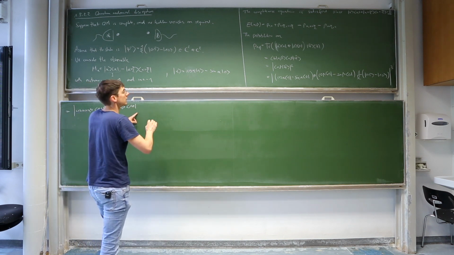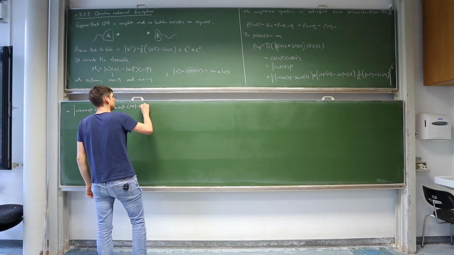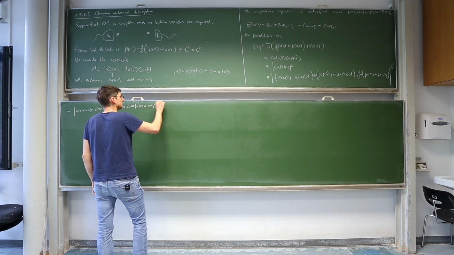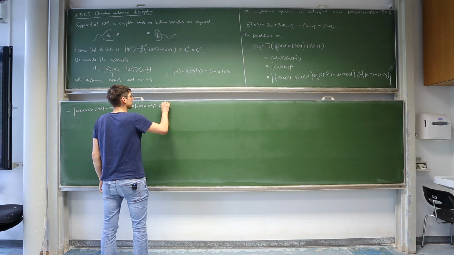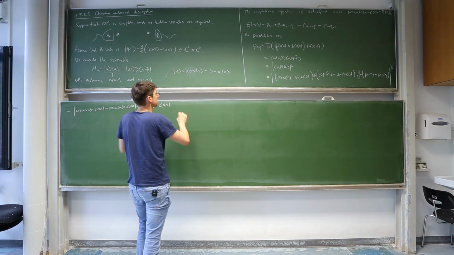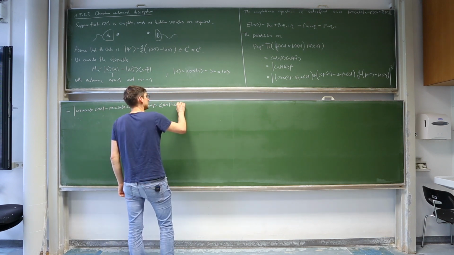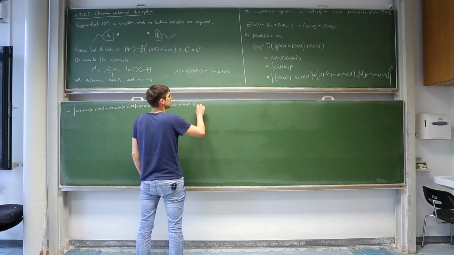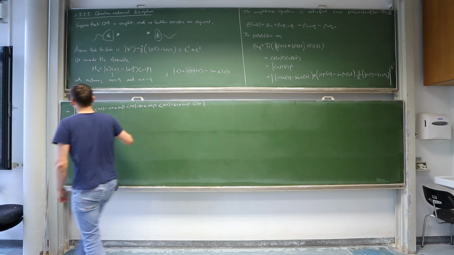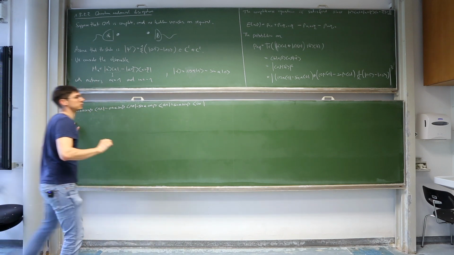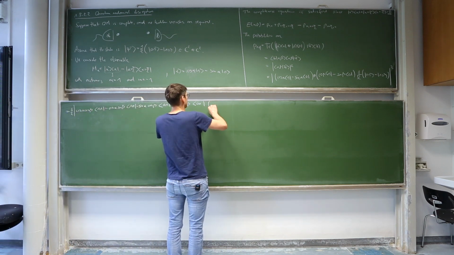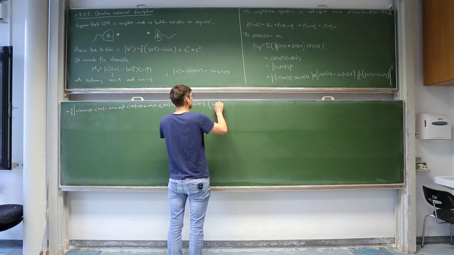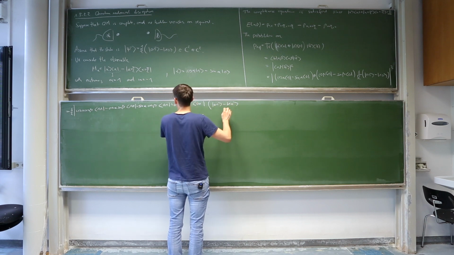And minus sinus alpha, cosinus beta times 0, 1, and then plus sinus alpha, sinus beta 0, 0, and then we have 1 over square root of 2 goes out here, and here we have 0, 1 minus 1, 0.